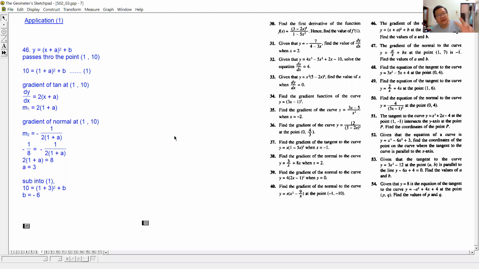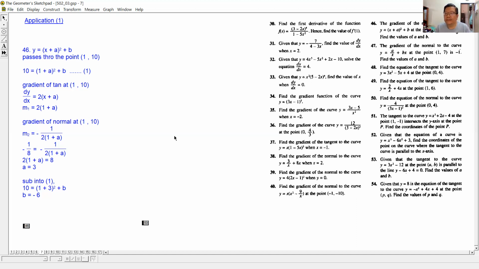Then the second thing is you have to find dy dx, and you substitute the number inside dy dx. Now we equate this dy dx with the gradient of tangent, or you equate the dy dx with the gradient of normal, but you have to change it in this way. So relating the gradient and relating the point, you will get two equations, and you can solve for any two unknowns in the equation of the curve.